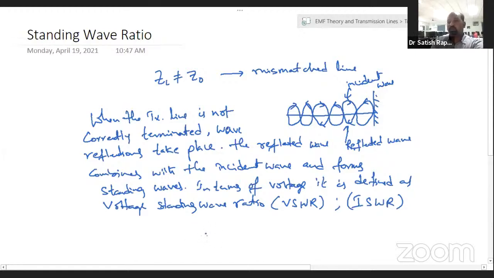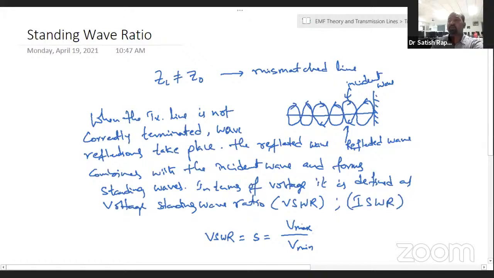Therefore, the voltage standing wave ratio, which is represented by small s, is mathematically defined as the ratio between the maximum voltage to the minimum voltage.